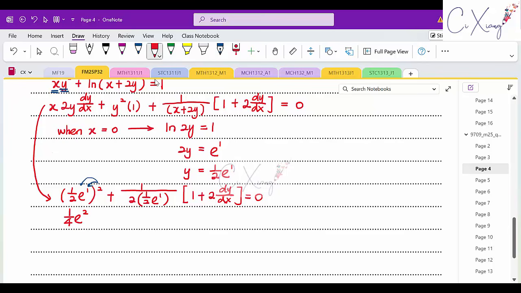Then for the second term here, the half and the 2 can be cancelled off, so you're having 1 over e power 1. Then you multiply it with 1 plus 2 dy dx, and it equals to 0. Slowly move the 1 over 4 e power 2 to the other side.